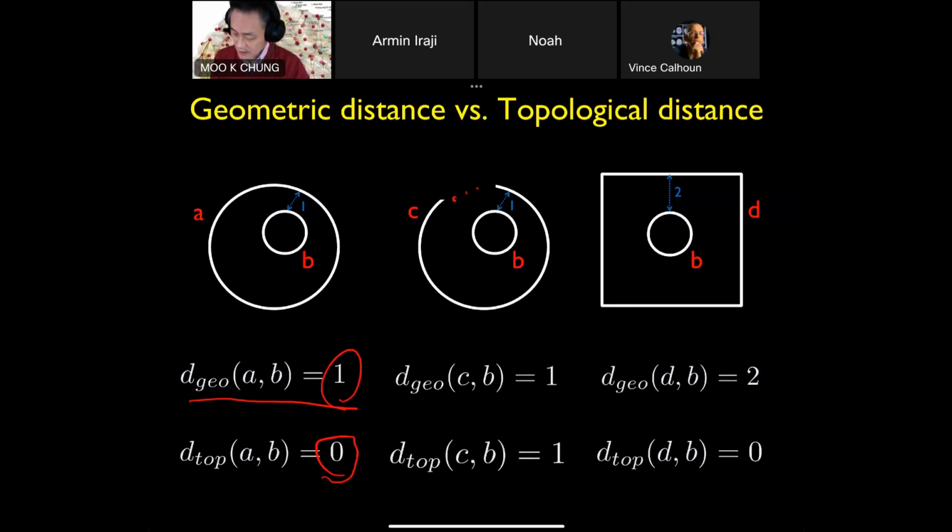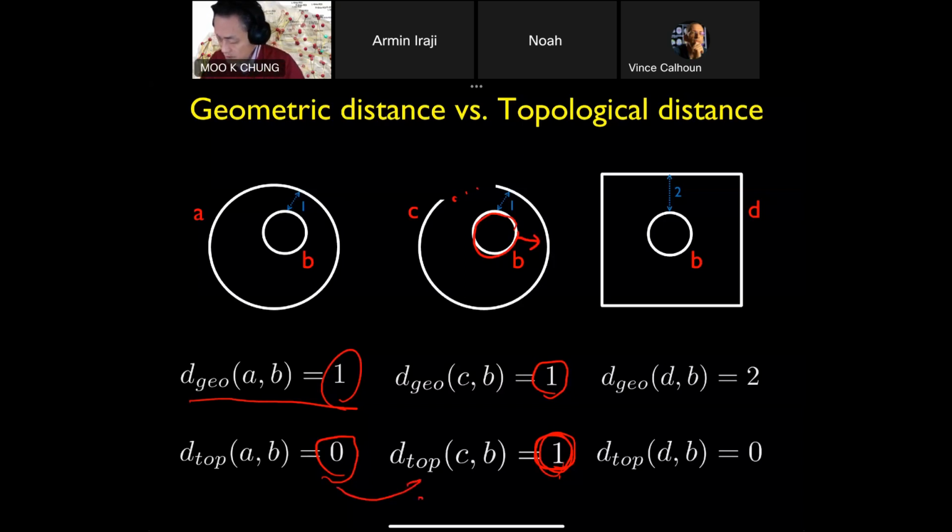Then the geometric distance is still 1, but the topological distance will be different. It will be 1, because they are topologically different. There's no way you can deform this circle to this arc without breaking the deformation somewhere. That means they are topologically different, so they should be measured through topological distance.